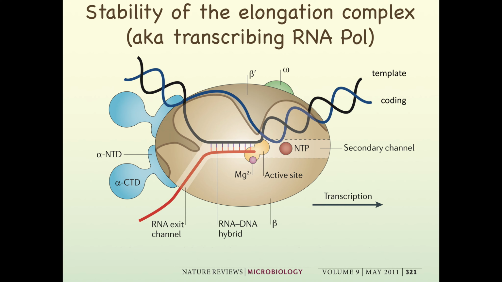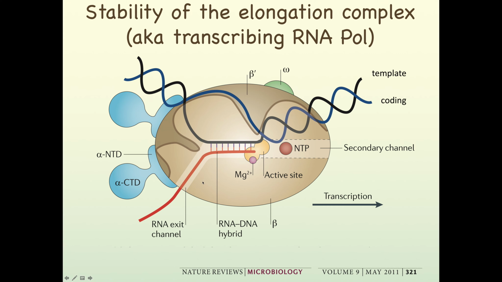In order to understand termination, what ends transcription, we have to understand what makes transcription very stable. The stability of the RNA polymerase interacting with the DNA is dependent upon the structure of this elongation complex. This brown part of the diagram is the beta prime and beta subunits of the RNA polymerase that Keith described a couple of weeks ago, and here are the two alpha subunits.